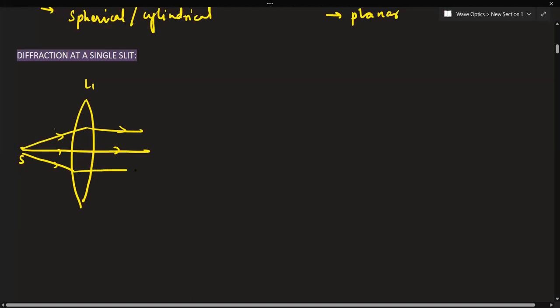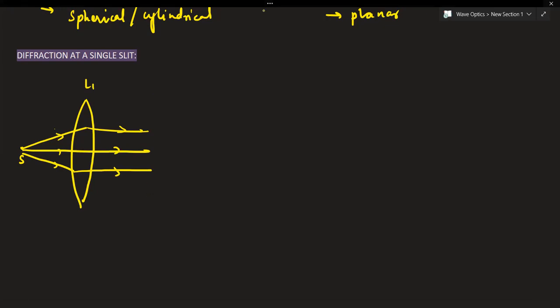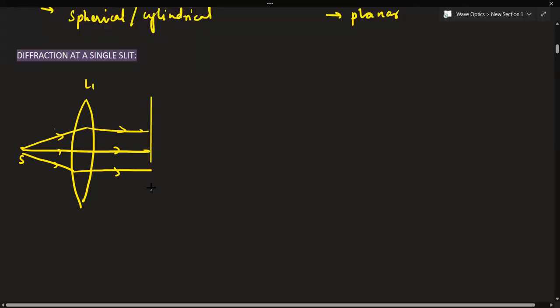Since parallel rays are there, the kind of wavefront that we will be getting is the plane wavefront. I'm naming it WW.